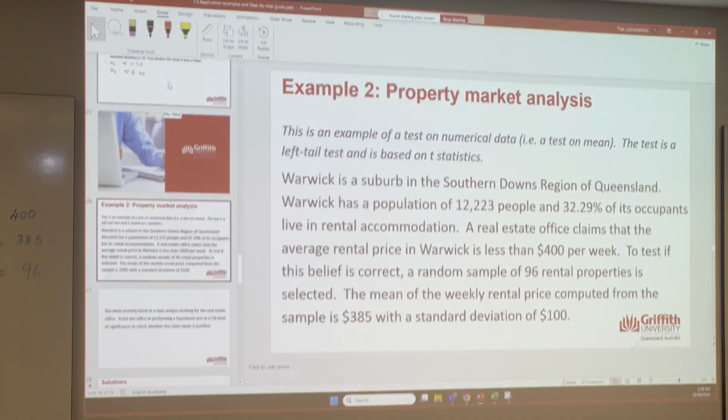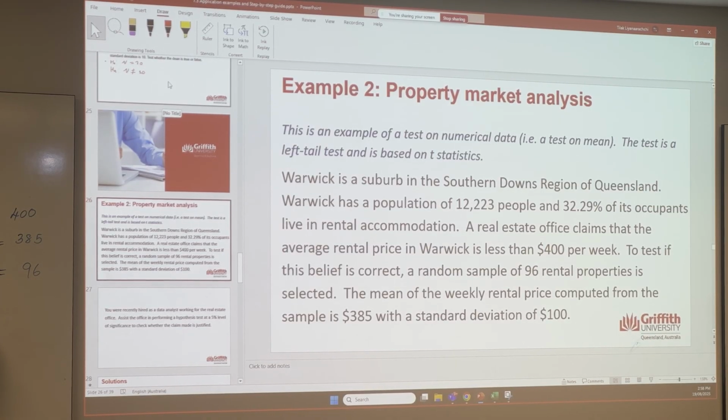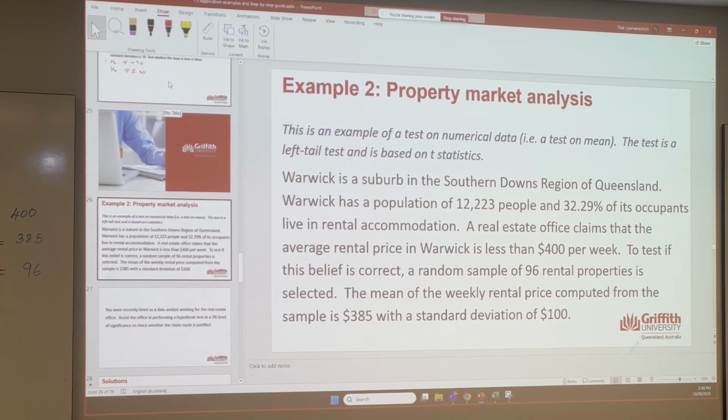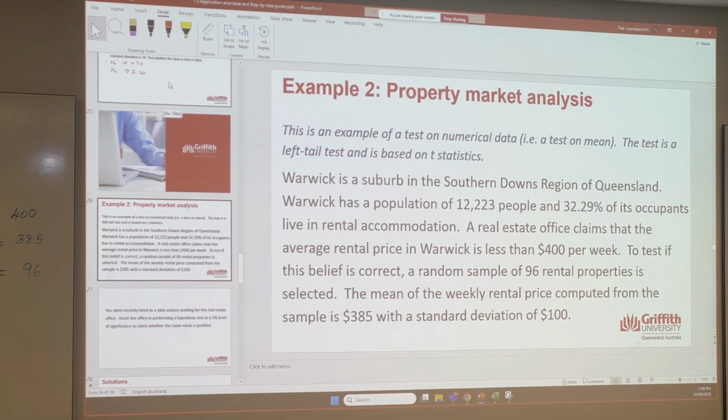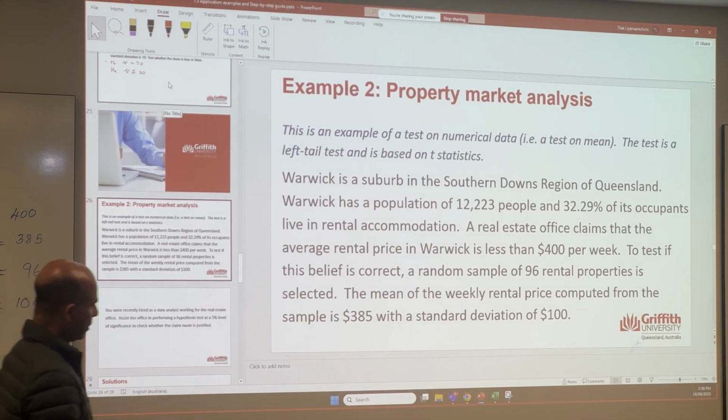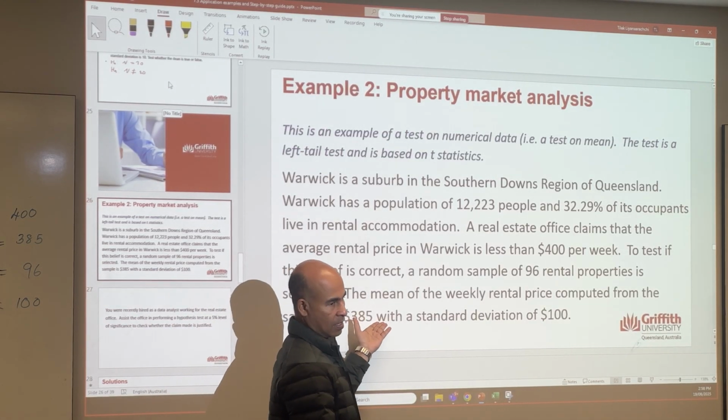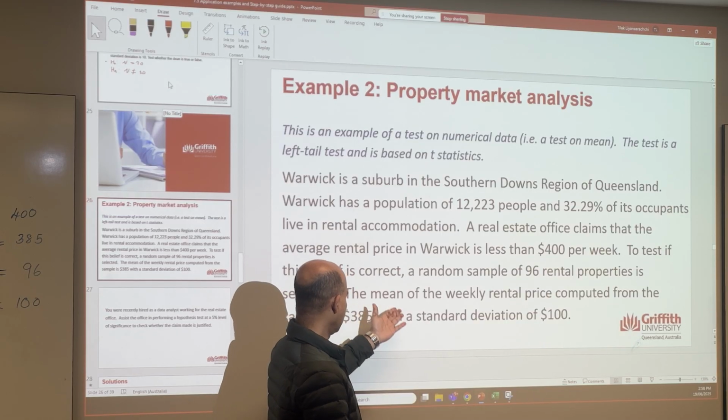What about this one? Is that standard deviation? Do we have the population standard deviation? No, we don't. We have the sample standard deviation, 100. If you look at the last sentence, it says the standard deviation is 100, but that is based on the sample.